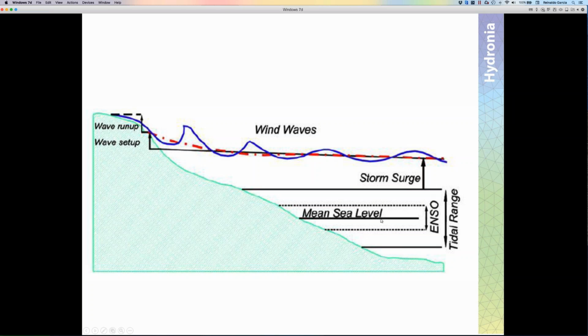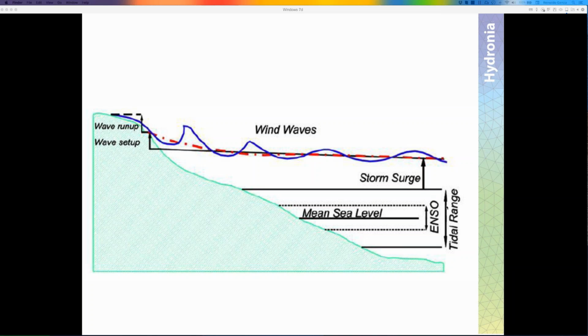So we have the mean sea level here. There may be some oscillations related to, in this particular case, Florida. In Florida, there is an influence of the El Nino event on coastal flooding, and that has an impact on the sea level that occurs every few years.